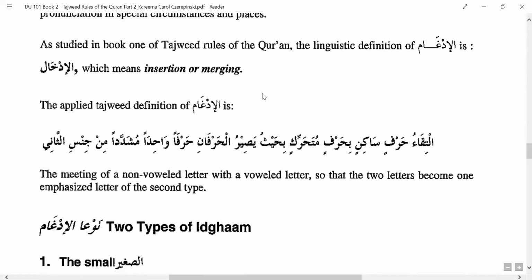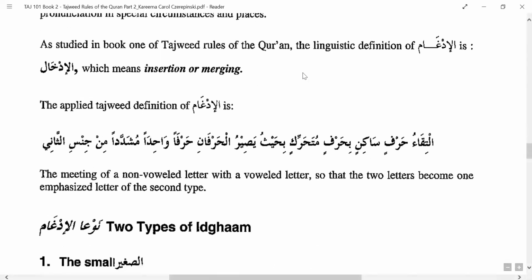Now, this idgham is not referring to the noon sakin rule idgham that we did. This is when any two letters in general meet. You generally izhar, you say it out clearly. Both the alphabets you have to recite, but you have to combine them, idgham, when there are certain special circumstances which we are going to see now.